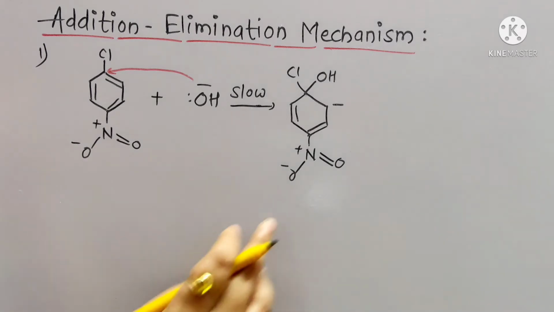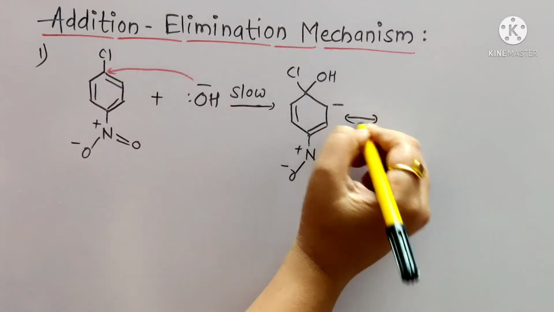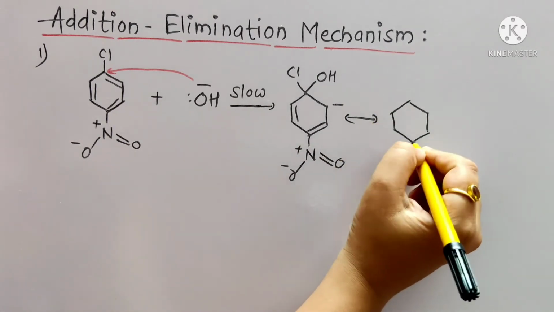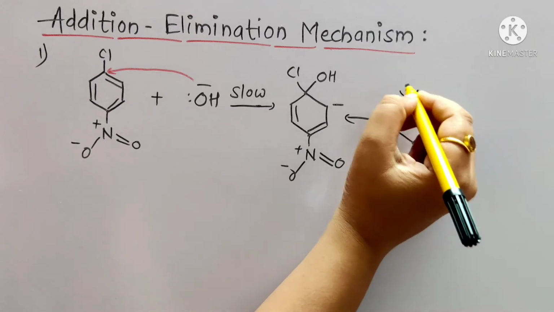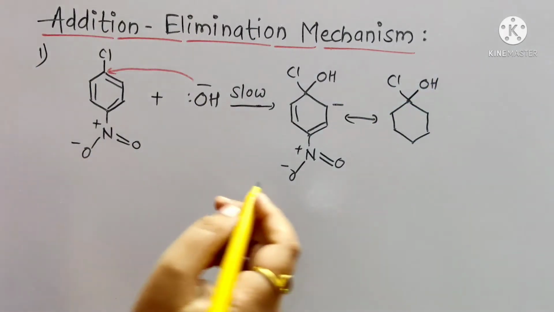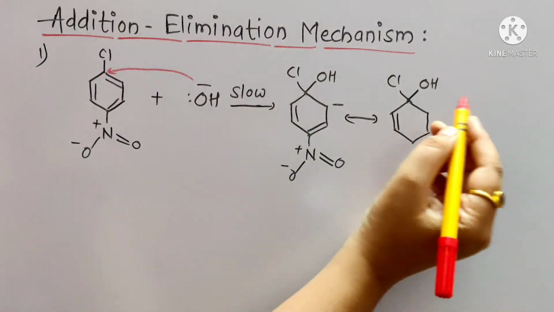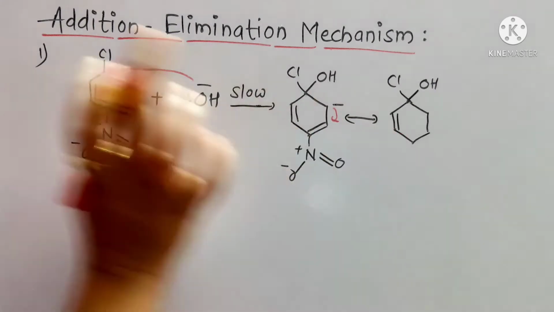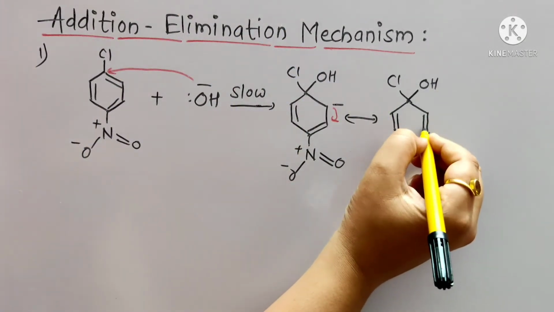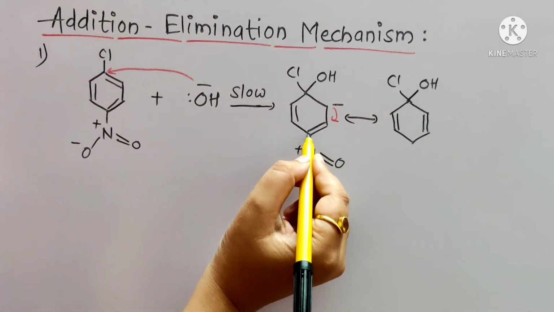First we will write the resonating structures for this. The first one has Cl and OH. Next, the resonating structure can be written as this negative charge shifts to this position, a double bond forms here, and the negative charge is shifted to this position.